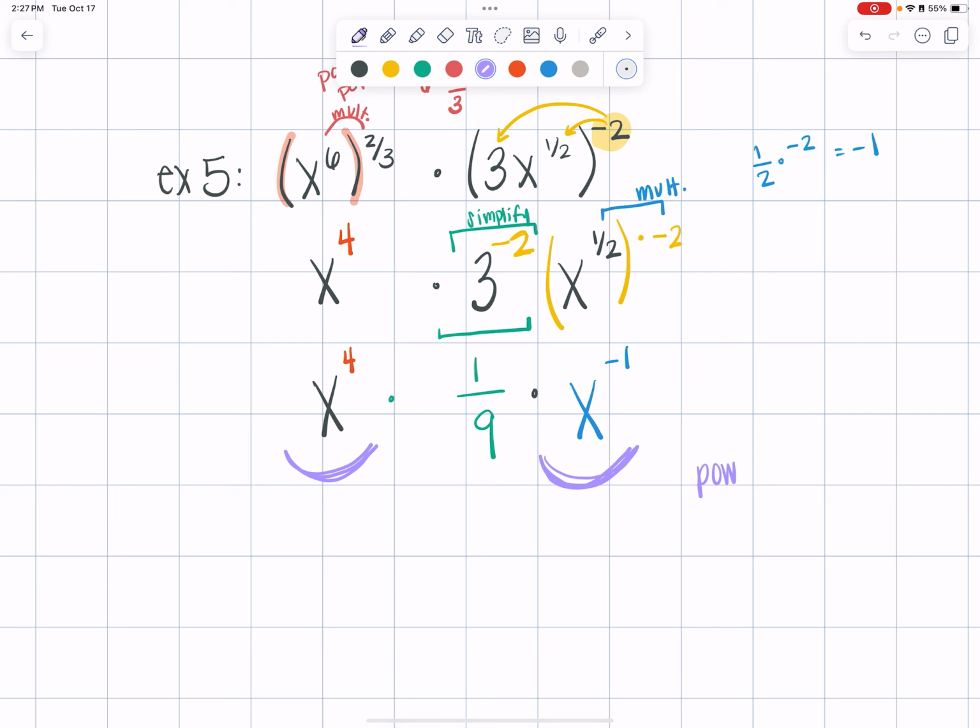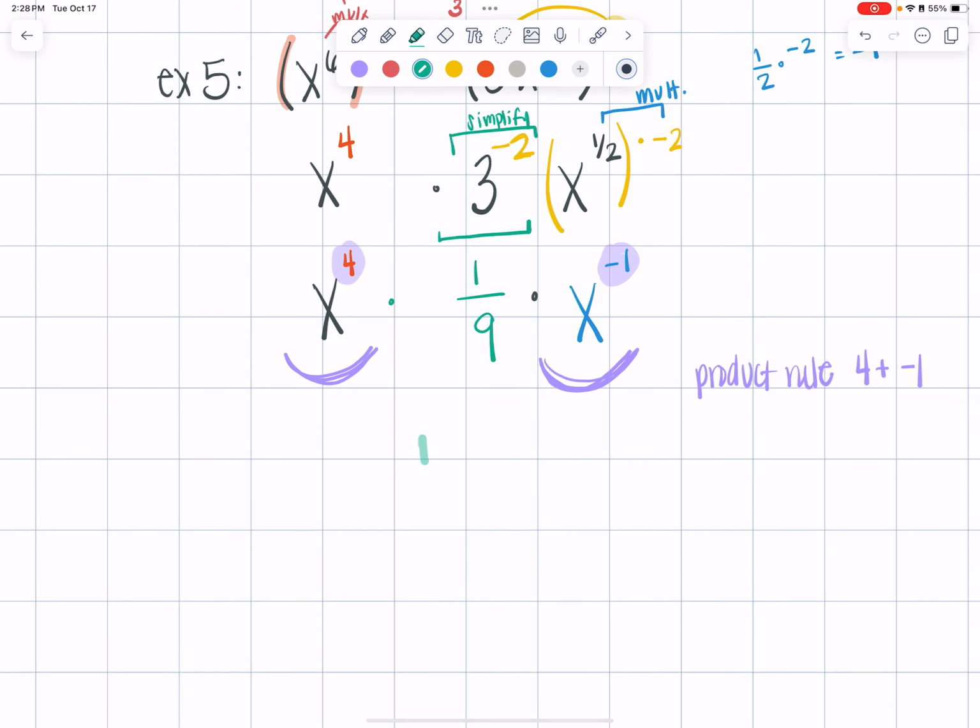I can use my product rule. And my product rule says I can add those exponents. 4 plus -1 is going to give me 3. So I'll have that 1/9 x to the 3rd power.